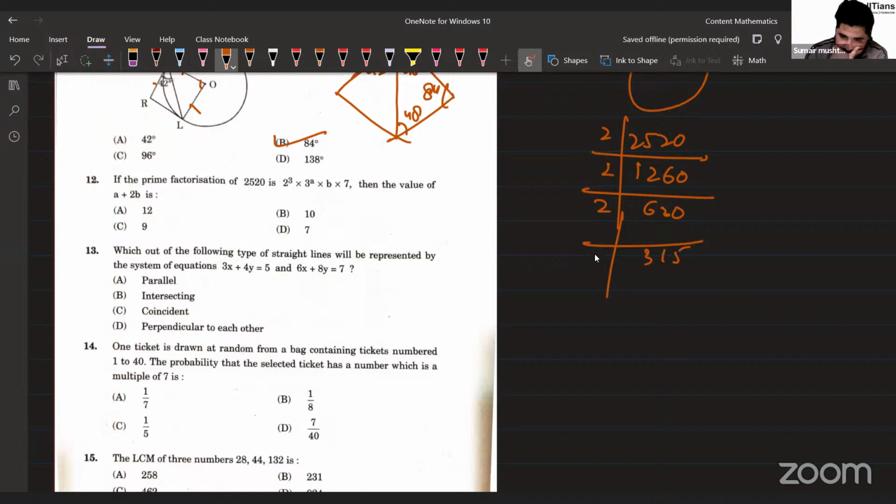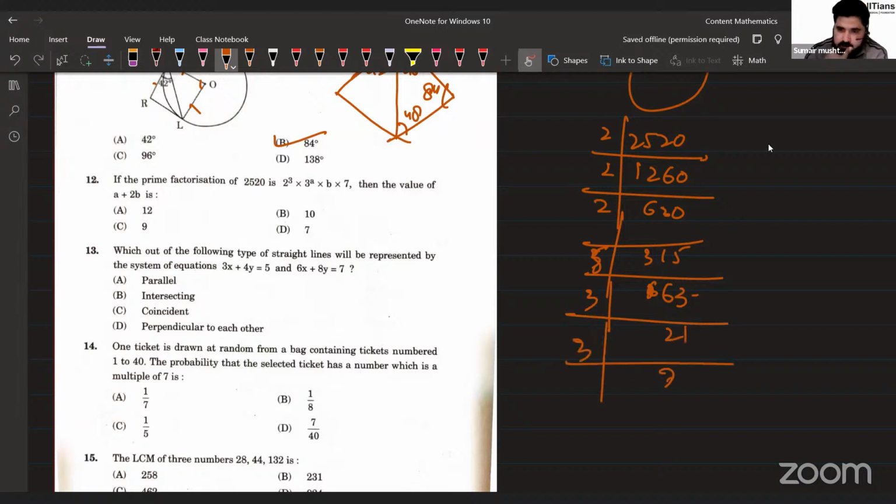Then it will be 3, or I will take 5. Let's take 5 first. When I take 5, it will be 63. Again, I can take it by 3, it is 21. Again by 3, it is 7. So prime factorization of this is 2 three times, 3 two times, 5 once, 7 once.